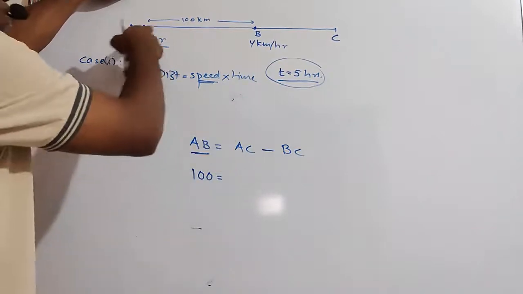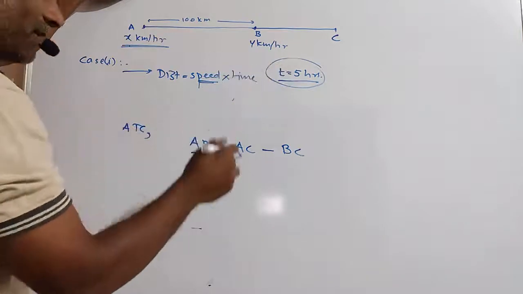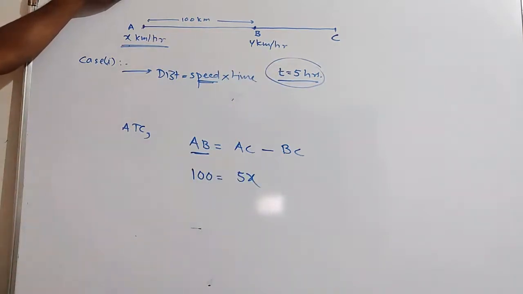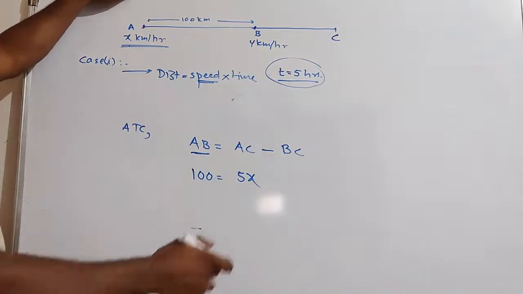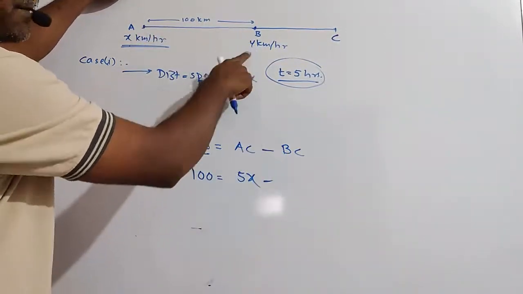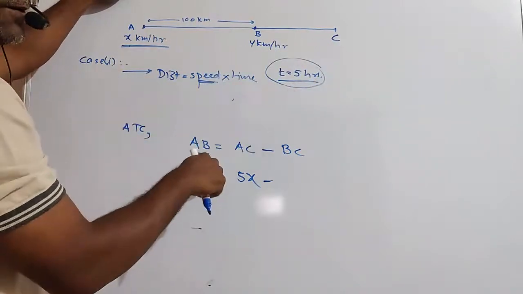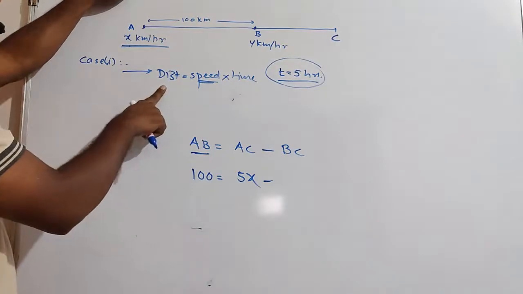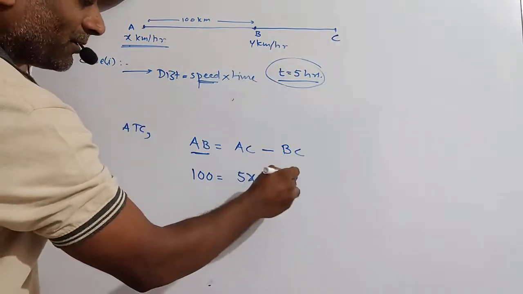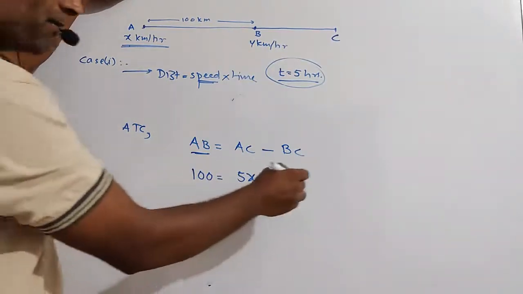So speed is x, time is 5, distance AC will be 5x, minus the BC distance. What is the car B speed? y. How much time has it taken? 5 hours. Distance is equal to speed into time, so y into 5, that is 5y. So we got the first equation.